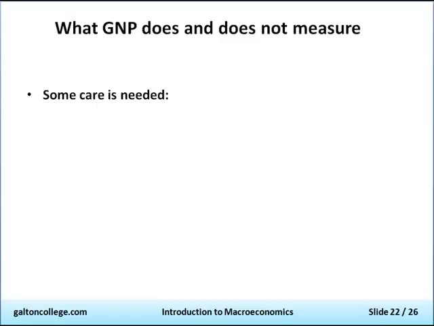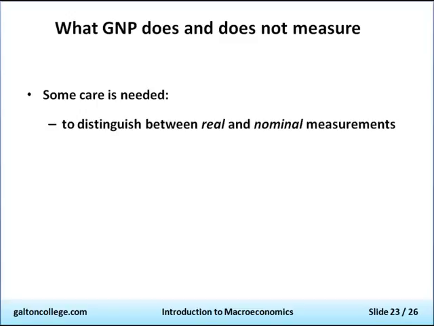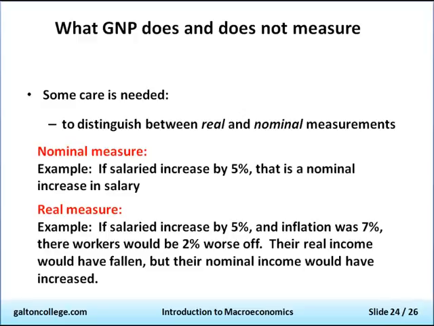GNP doesn't measure some things, and so we have to be careful. We need to distinguish between real and nominal measures for a start. Now, a nominal measure, consider salaries as an example. Let's say salaries increased by 5%. That's a nominal increase in salary.